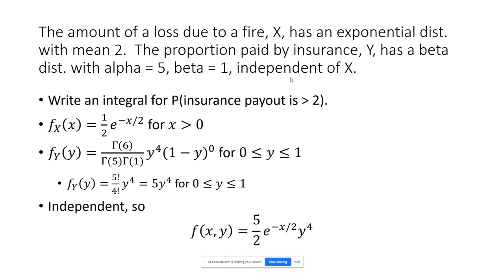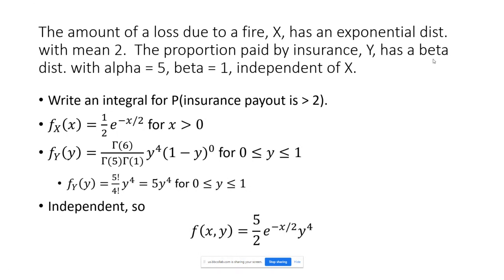So yesterday, the problems all gave us the joint density function, and then we needed to find the marginal density functions. Here, the problem isn't telling us the joint density function. It's telling us, here's the distribution of x, it's exponential. Separately, here's the distribution of y, it's beta. So the problem is giving us separately information about the distributions of x and y.